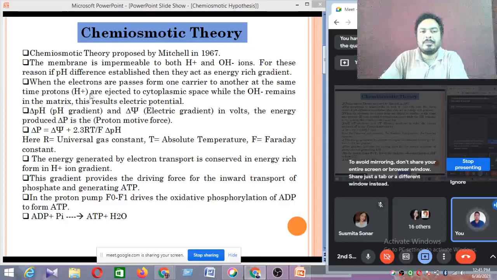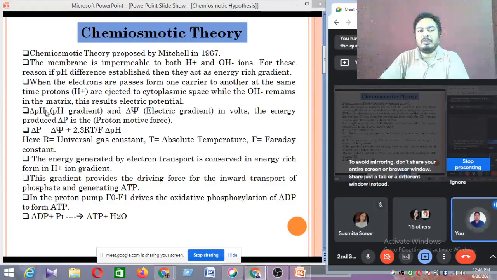So these are three different components, all established due to the positive and negative charge in the matrix as well as the cytoplasmic space. One is delta pH, the pH gradient. Delta psi is the electric gradient, and delta P is the proton motive force.